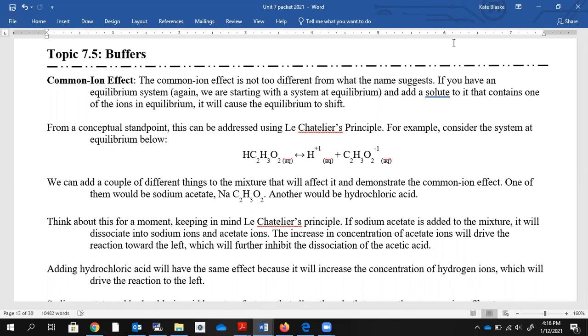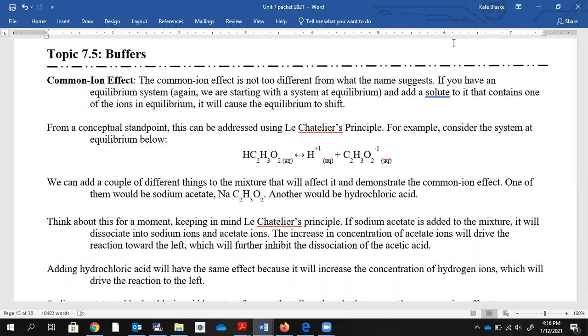So when we discussed equilibrium earlier, and we talked about Le Chatelier's principle, we talked about how we could change the concentrations of either a reactant or a product to cause a shift in the equilibrium towards a removal or away from an addition.